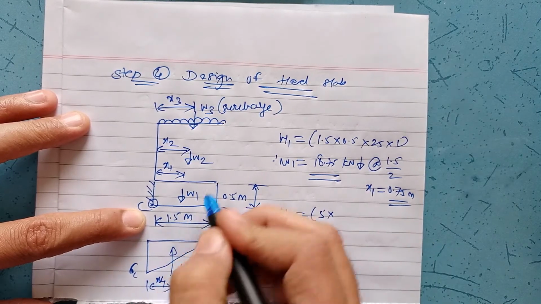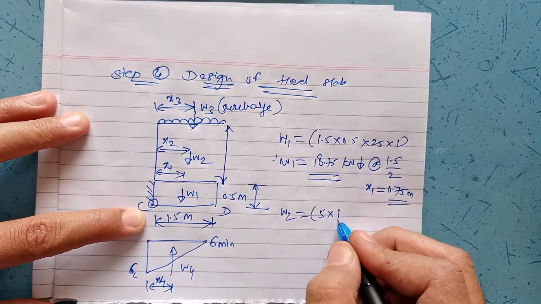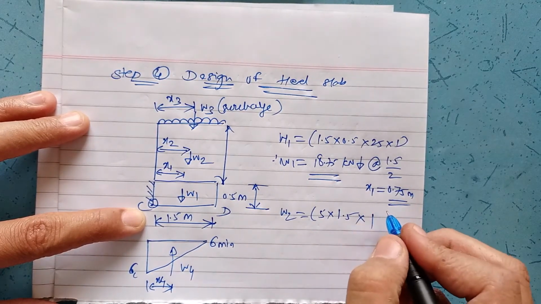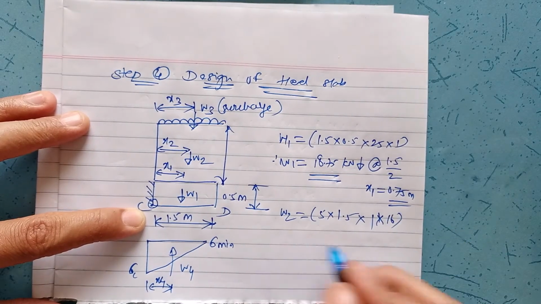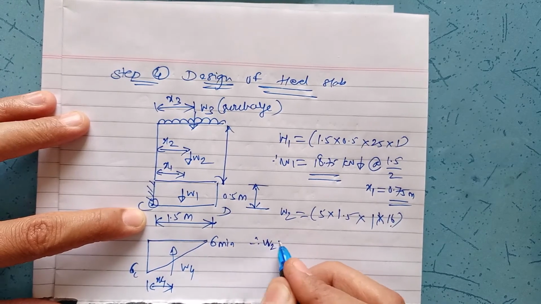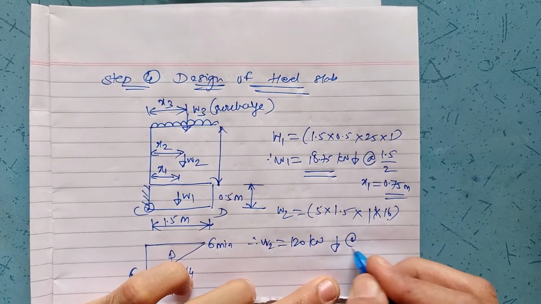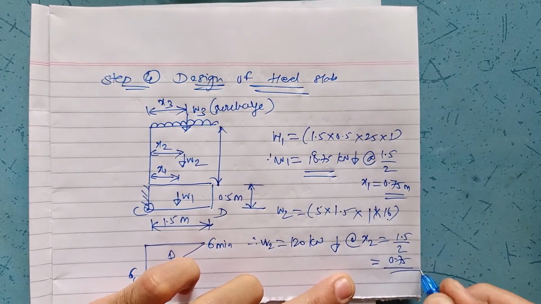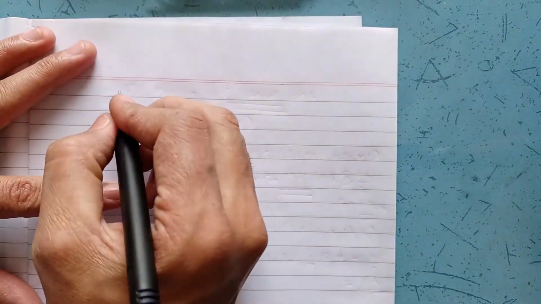Similarly, we will calculate W2. W2 will be the depth 5 into width 1.5 meter into 1, that is unit width of the backfill, into unit weight of soil, that is 16, and this W2 will be 120 kilonewton acting downward at x2, that is 1.5 divided by 2, that is 0.75 meter from C. Similarly, we will calculate W3.